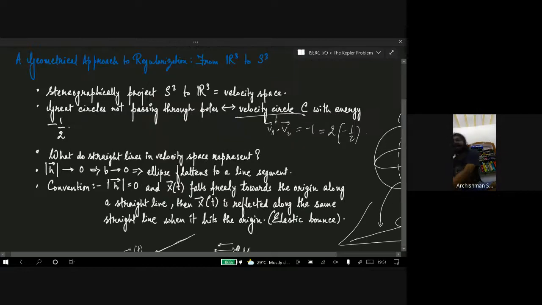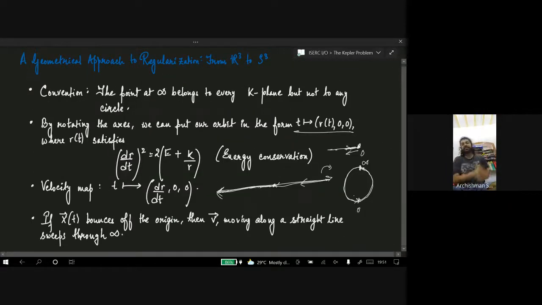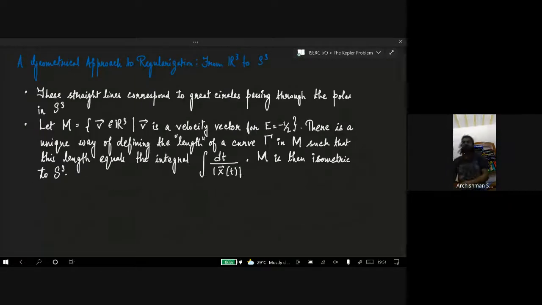And then I can use the inverse stereographic projection to map these back to great circles passing through the poles. And why this regularizes the problem is because I can consider any great circle on the sphere, on S^3, and that can be any particular great circle that may or may not pass through the poles, right?